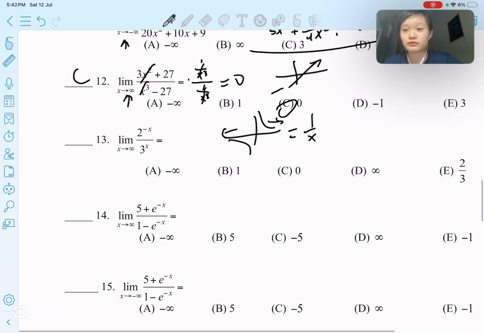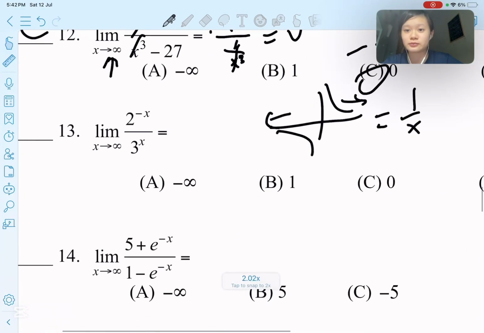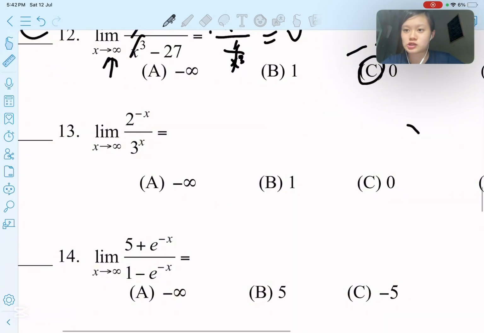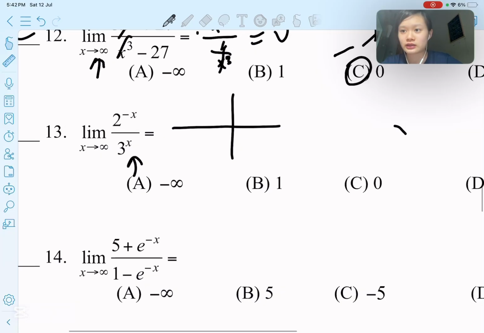13. Okay, so we have 2 to the negative x over 3x as x approaches infinity. So I think it's just drawing the graph, right? If we draw the graph, it's just increasing, similar to e to the negative x, which is also something like that.